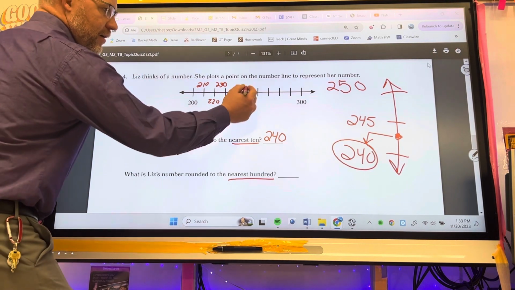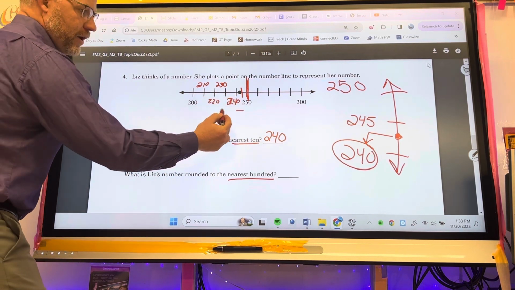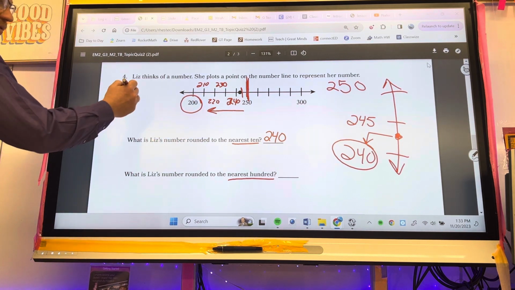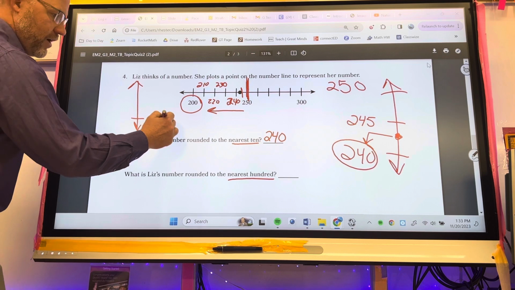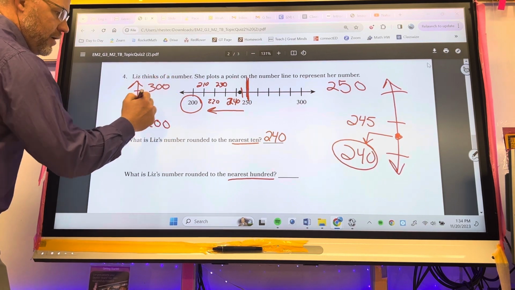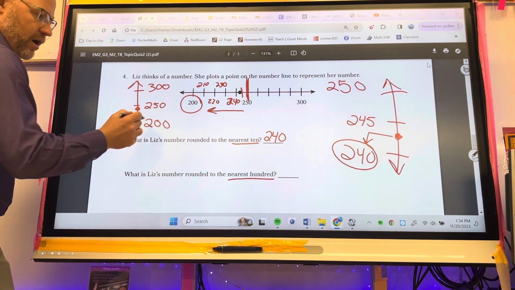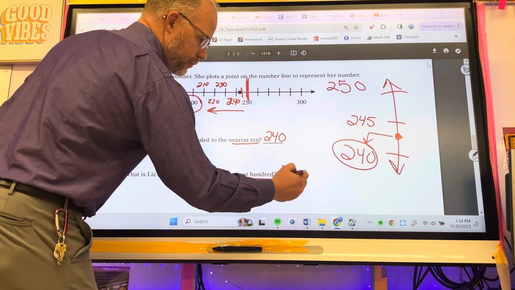In this case, the midpoint is 250, and the dot is to the left of 250, so it rounds down to 200. Looking at that as a vertical number line, we have 200, 300, the midpoint is 250, and our dot is below, so it rounds down to 200.